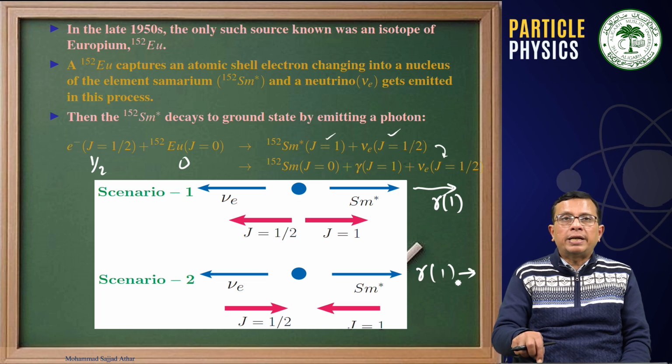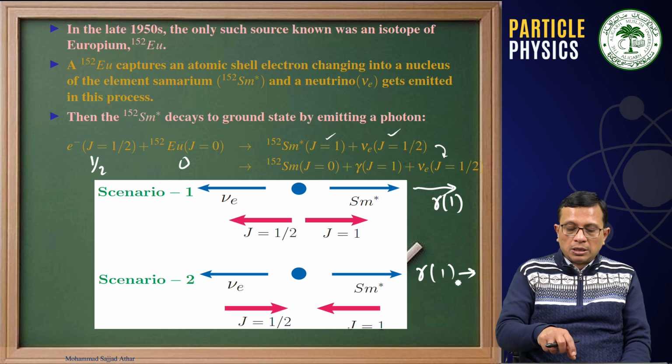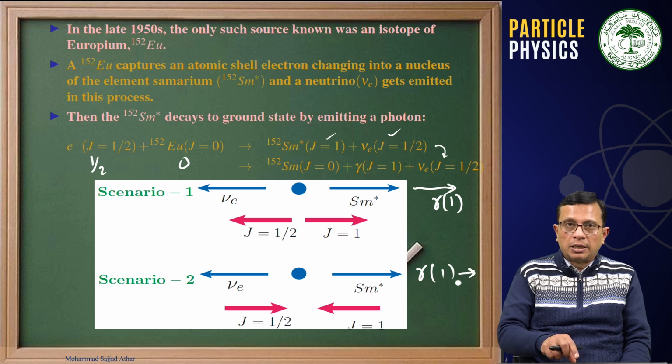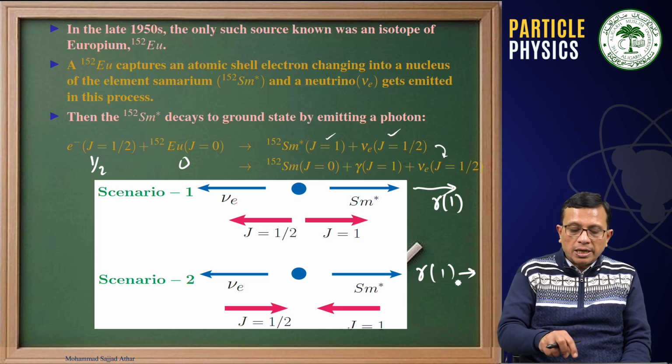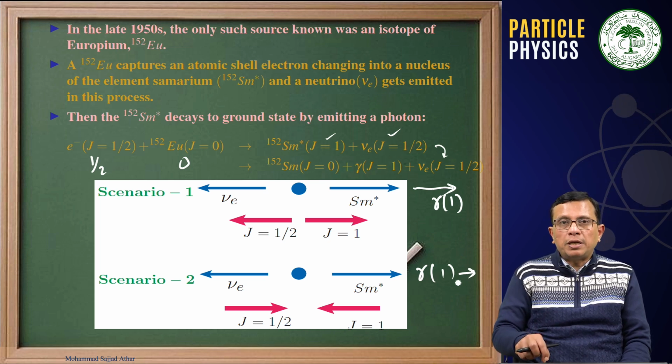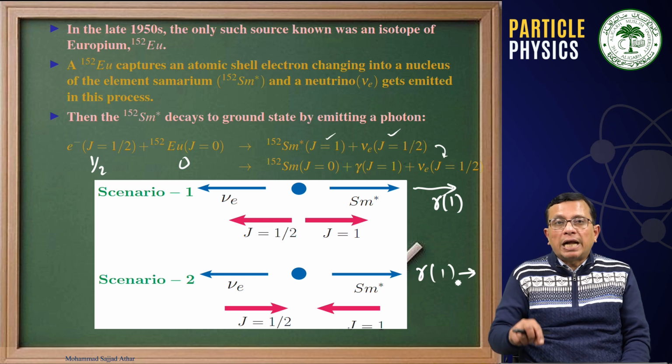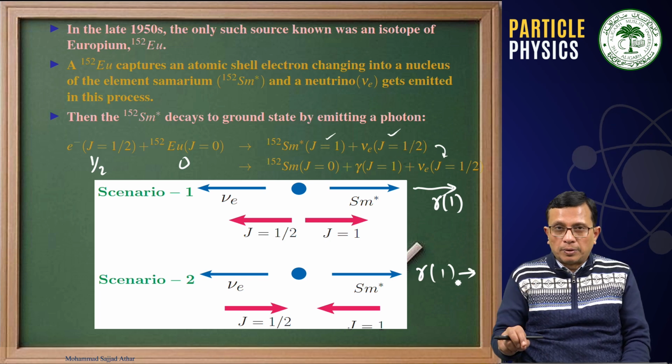Its momentum and spin are in the same direction. And in the second scenario, if momentum and spin of the neutrino are in opposite directions, then the momentum and spin of the emitted photon would also be in opposite directions.